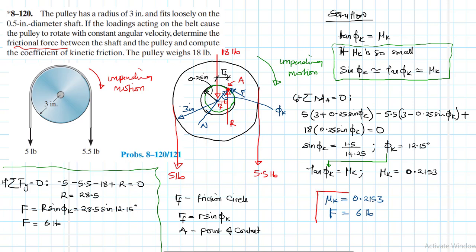So this is about it. This is the final solution. We found the coefficient of kinetic friction at the point where the shaft is in contact with the pulley, as the pulley rotates with a constant angular velocity. And we've also found the friction force between the shaft and the pulley.